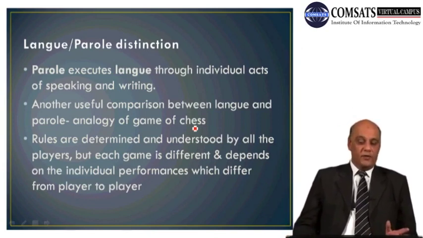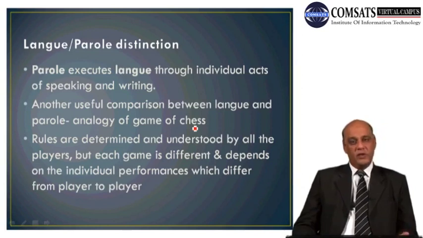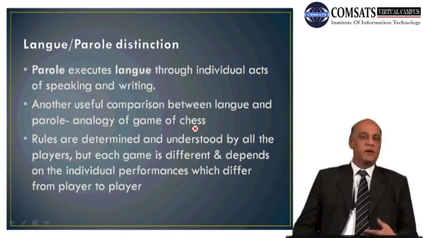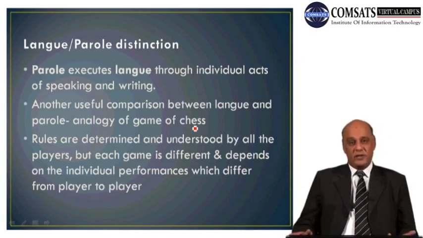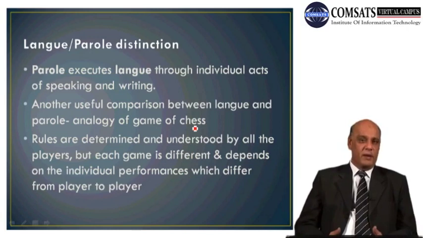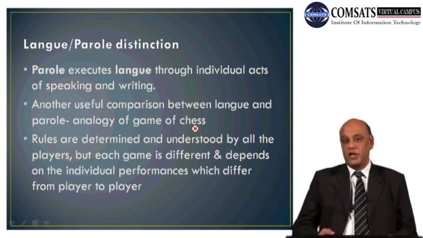So the game can be different. It depends on the individual performance. All the individuals are not the same kind of players of chess. Their competence is different, their skill is different, their thoughts are different. So they may use different thoughts, different skills, different competencies to play that game. So the game may vary, but actually the rules will never change.